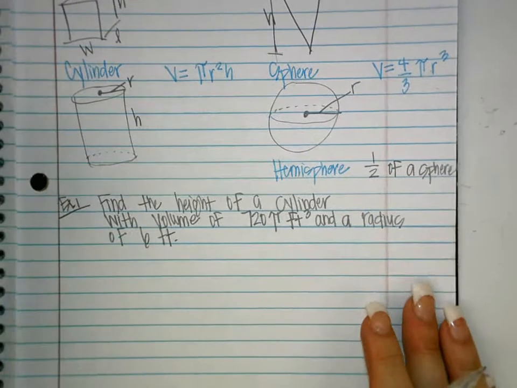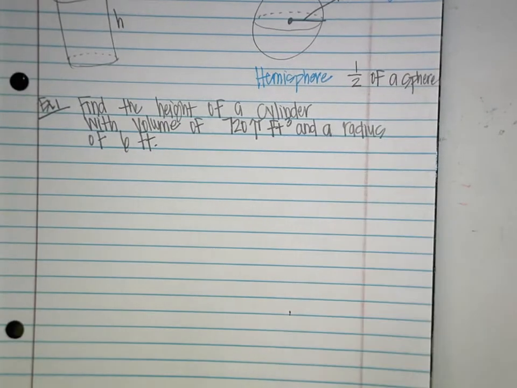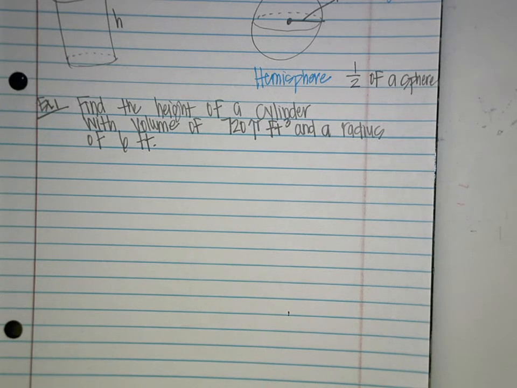Find the height of a cylinder with a volume of 720 pi feet cubed and a radius of 6 feet.